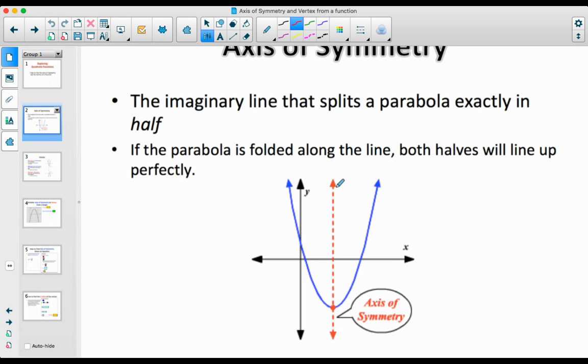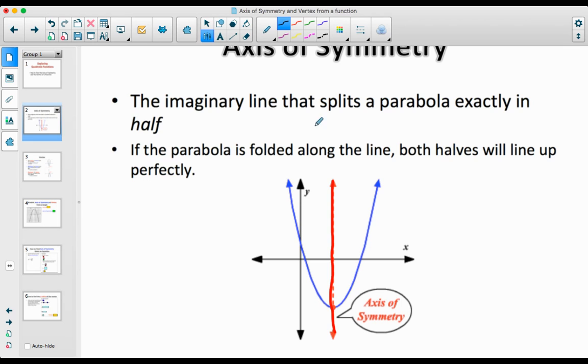So in my drawing here, this dotted line is the axis of symmetry. If the parabola is folded along the line, both halves would line up perfectly. Right? Think of something that's symmetrical as being even on both sides.